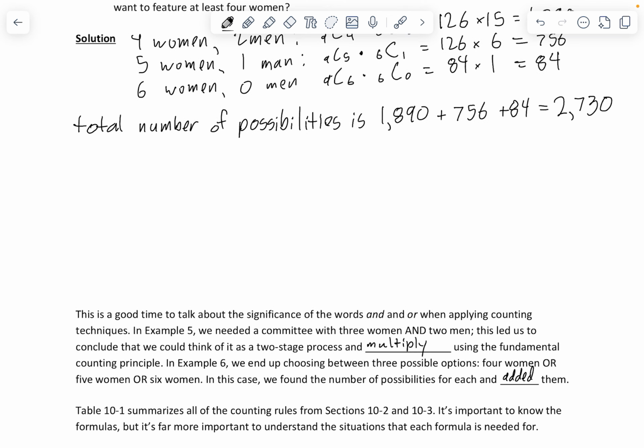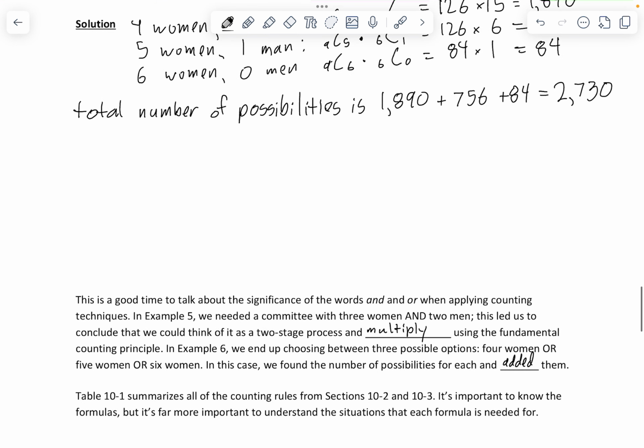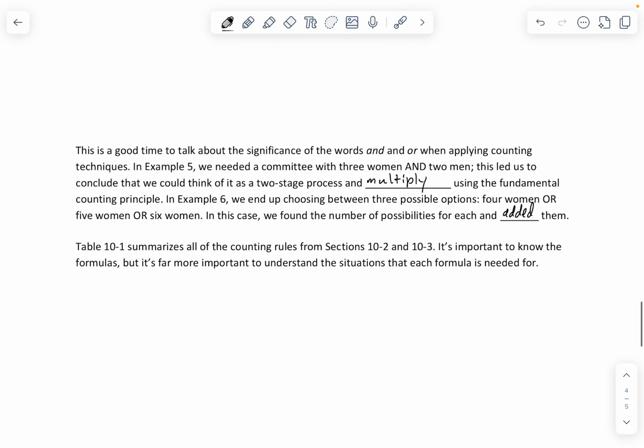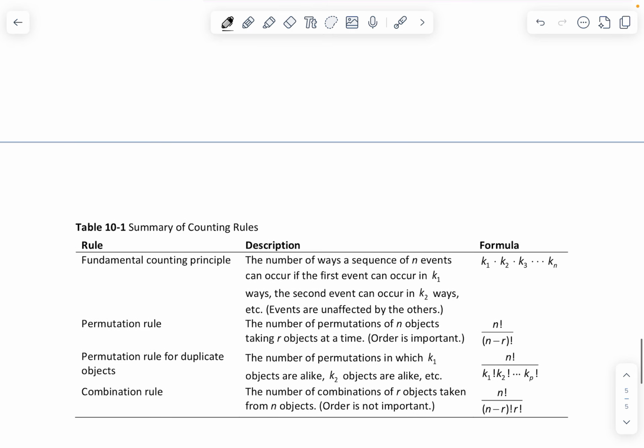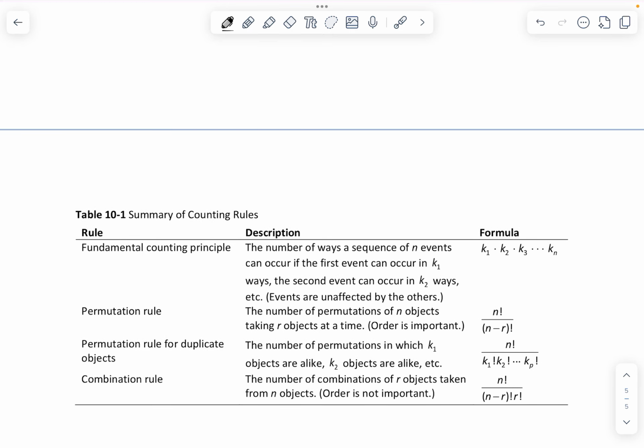Okay, the table on this next page summarizes all of the counting rules from sections 10.2 and 10.3. It is good to know the formulas, but definitely more important to understand the situations that each formula is needed for. Here's that summary table. We haven't really covered this one right here, permutation rule for duplicate objects.